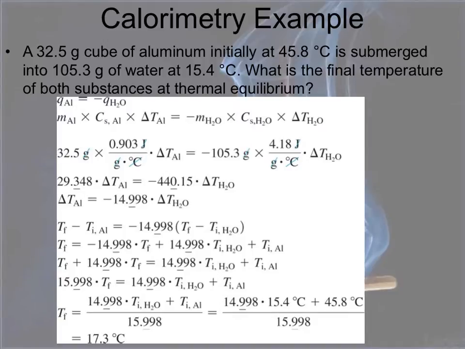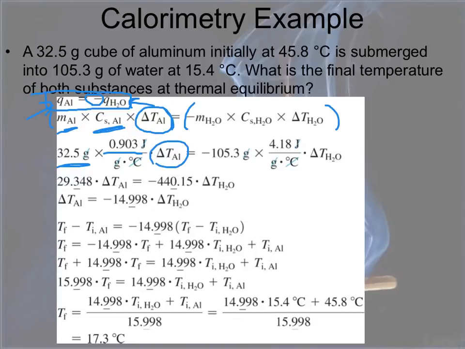All right, this is going to look real busy, so I'm going to take it very slowly. Again, the heat transferred from the aluminum block is equal, except for the minus sign, to the heat absorbed by the water. So we have to use the q = mcΔT equation for both the metal and the water. The mass of aluminum is 32.5 grams. The specific heat of aluminum is 0.903. We don't quite know the temperature change of aluminum, so we're going to leave that ΔT.